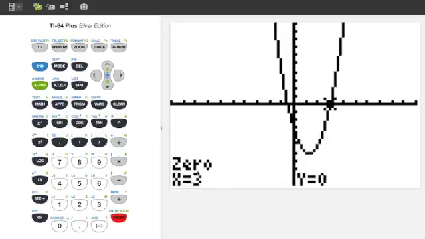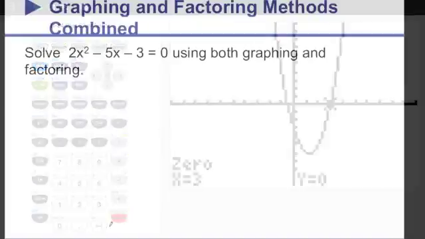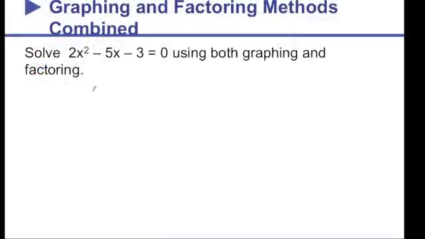Well, it's actually 3. So x equals 3 is a 0, that means x minus 3 is a factor.